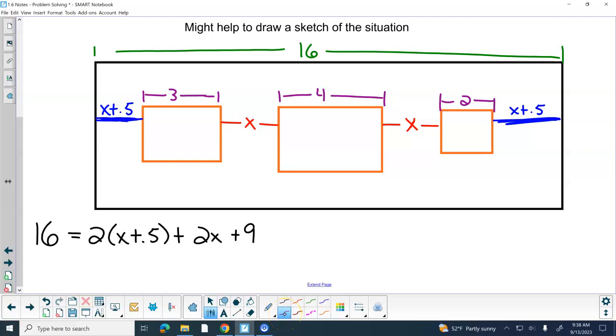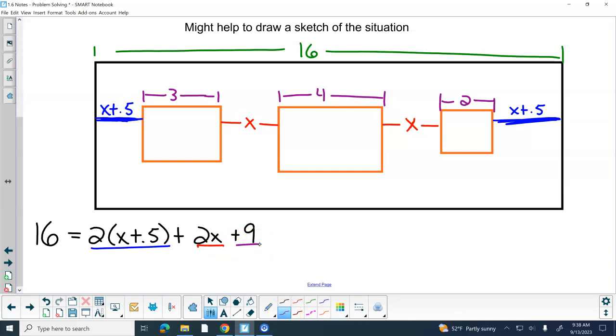Where did you get the 2 times x plus 0.5 from? That's the blue part. Where did you get the 2x from? That's the red parts. Where did you get the 9 from? That's the purple parts. Okay?